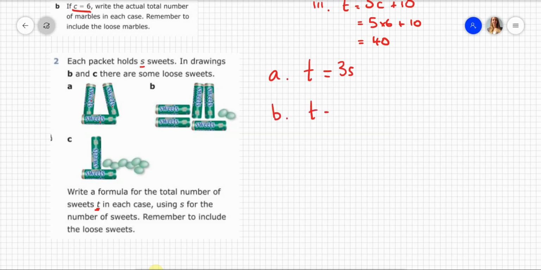For part B, the total number is 1, 2, 3, 4, 5 packs, so 5S. And then we've got plus these 2 extra sweets. And finally for part C, T is 2S plus 1, 2, 3, 4, 5, 6, 7 sweets.